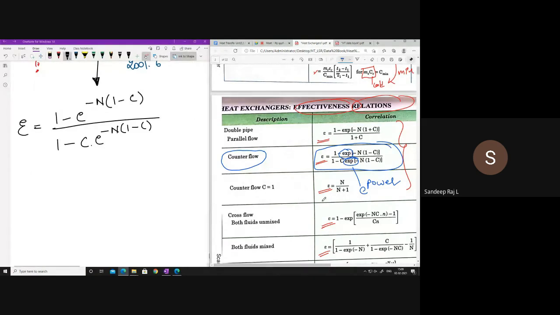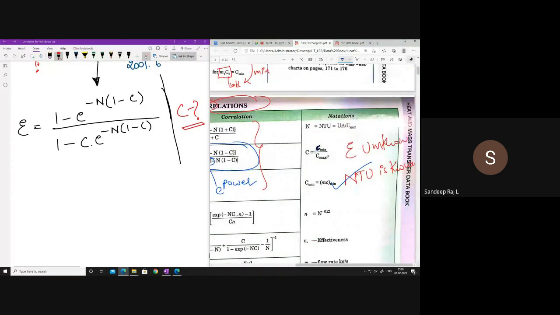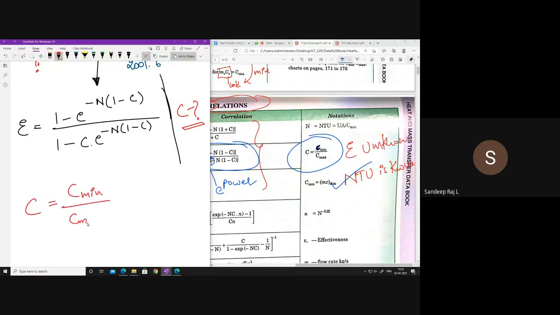What is the thing regarding C here? What do you mean by C? C means C min by C max.